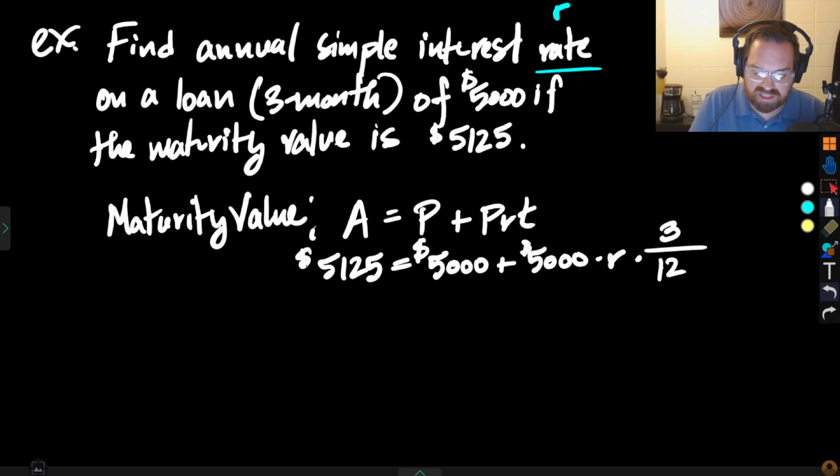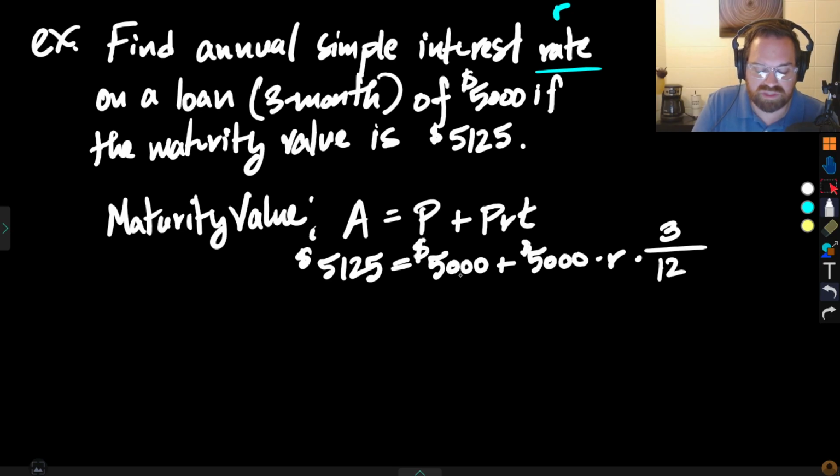Okay, so now let's solve this. When we're solving for a variable, you may remember the order of operations, Please Excuse My Dear Aunt Sally, or PEMDAS. We're actually doing the backwards process.